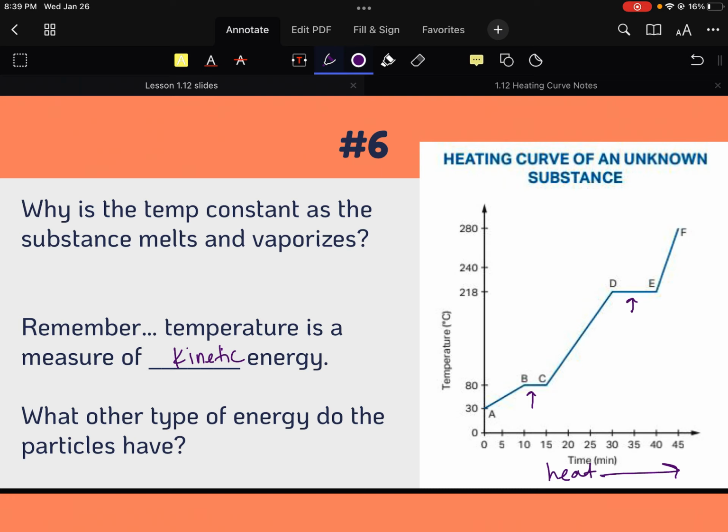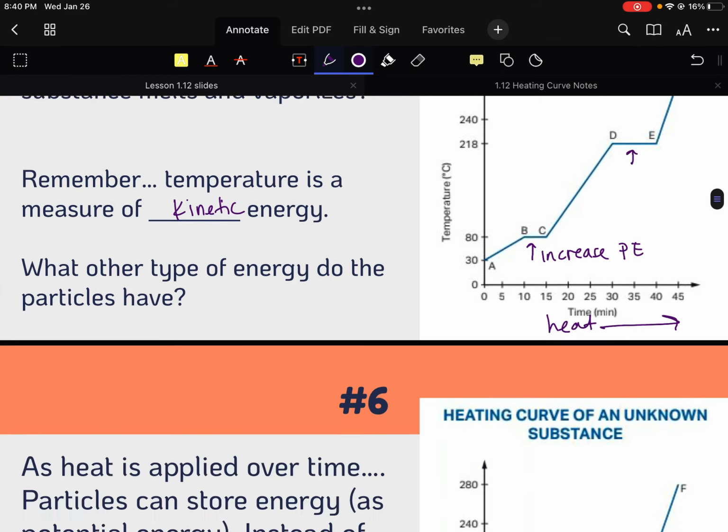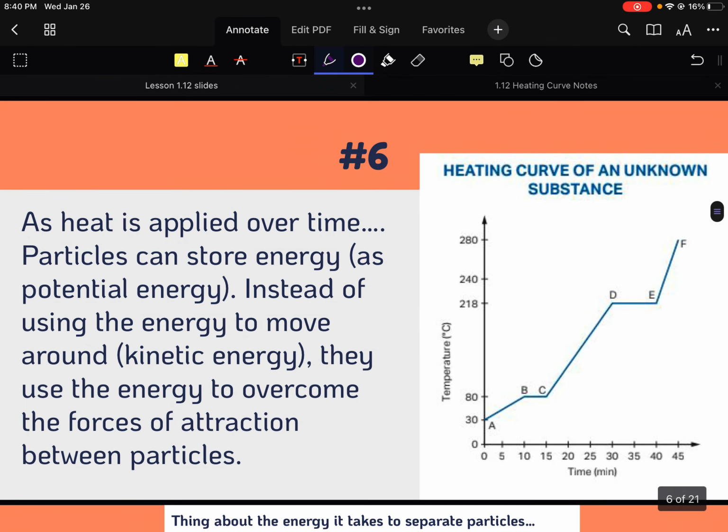Okay, so remember, we talked about how solids have the least amount of potential energy and gases have the most. And so what's happening right here is we're actually seeing an increase in our potential energy. So this is where we really get that increase in potential to carry us over into the next state of matter. So like we said, particles are going to store that energy. So we're increasing that potential energy.